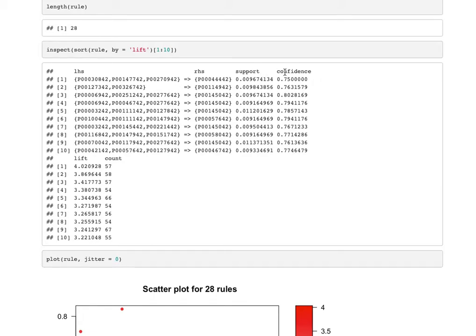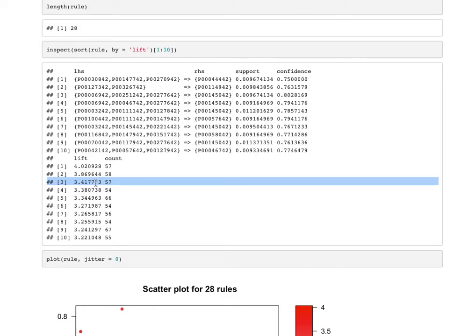So I can say in this scenario here with 80% confidence that the consumers who bought this product ID, this product ID, this product ID will also buy this product ID. This is also given a lift value, meaning that this is supported by the data significantly.